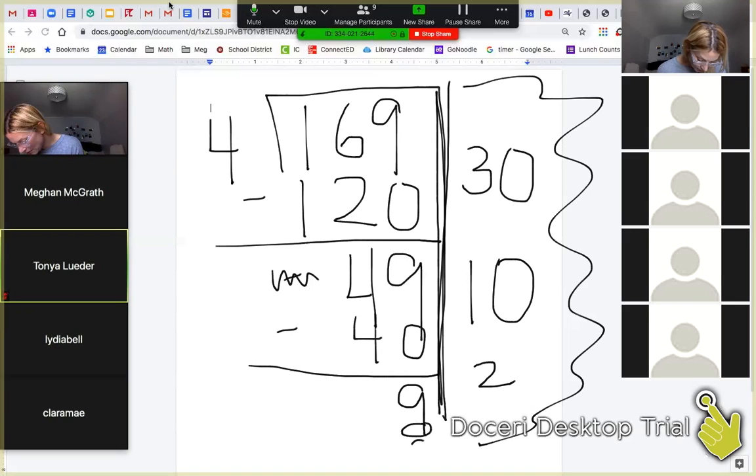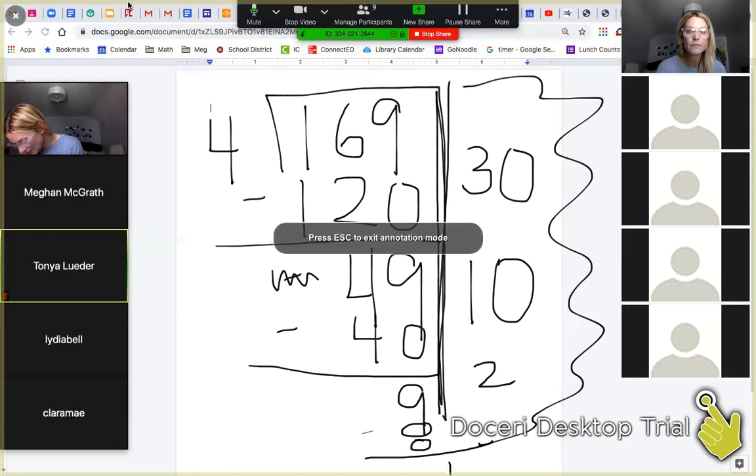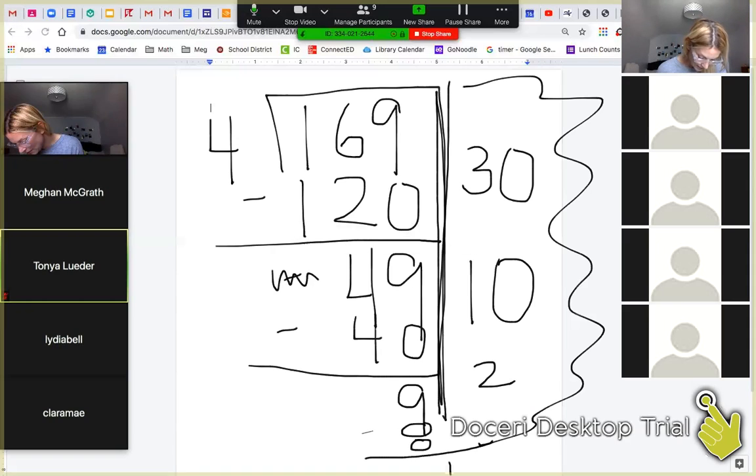So it's right here. And 9 minus 8 is 1. So if I do that, I have this little guy down here. You see him? Yeah. So my answer is 30, 42 with a remainder of 1.